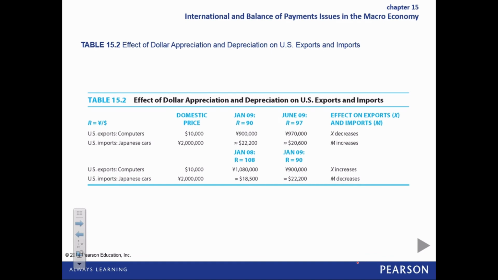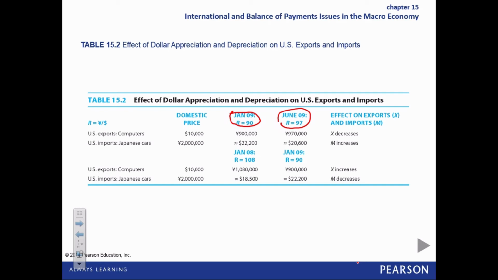Now, here it shows how the exchange rate would impact trade, or demand for import and export. So we start by saying that in January 09, R was equal to 90 yen. In June of 09, it became 97. In other words, dollar got stronger.